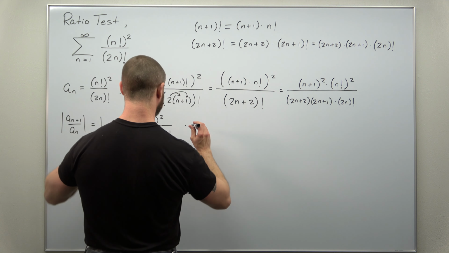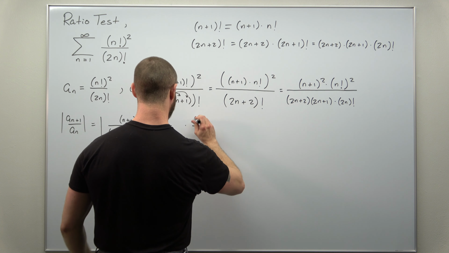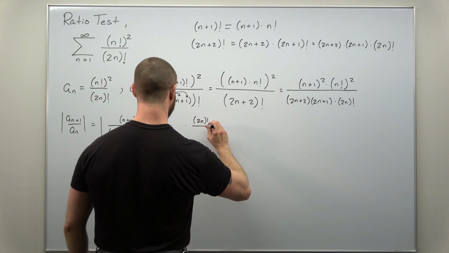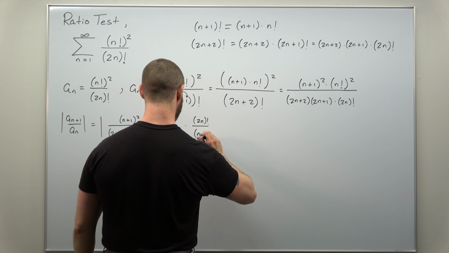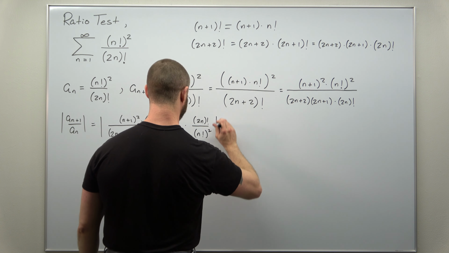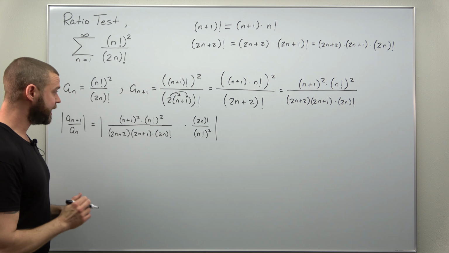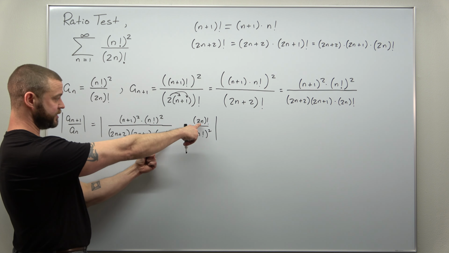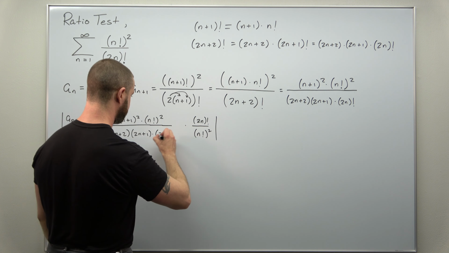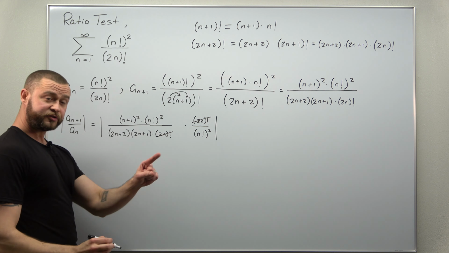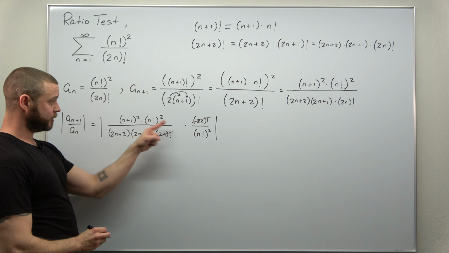Multiply by the reciprocal. So multiply by 2n factorial divided by n factorial squared. And a lot of terms should cancel out. Looks like we can cancel the 2n factorials out. Looks like we can also cancel the n factorial squareds.